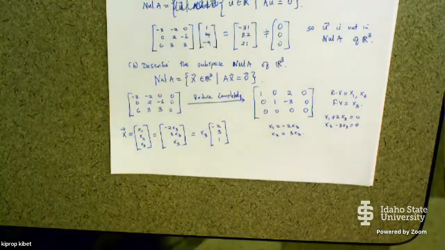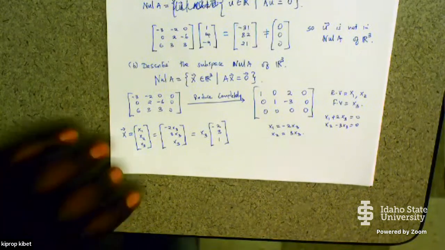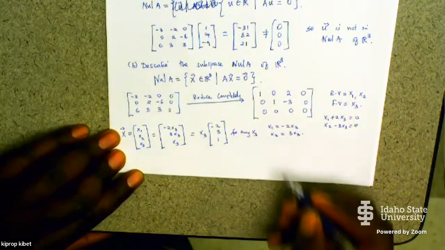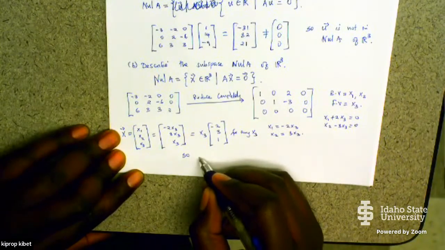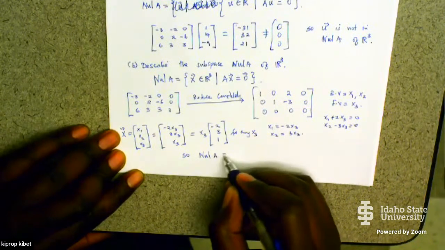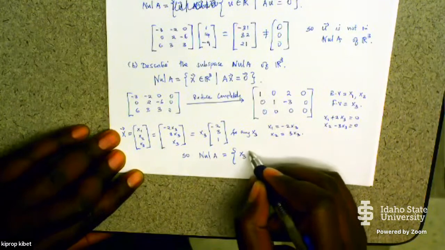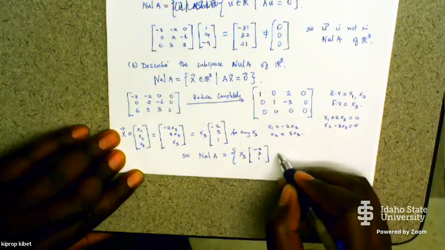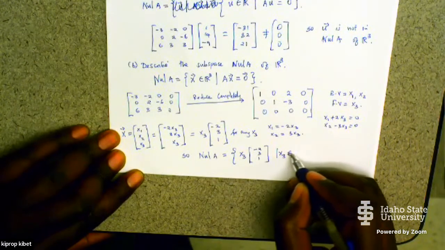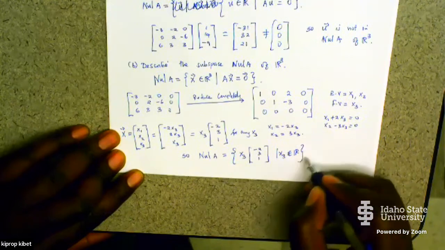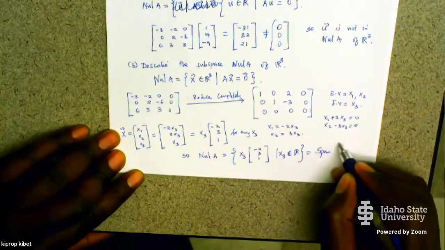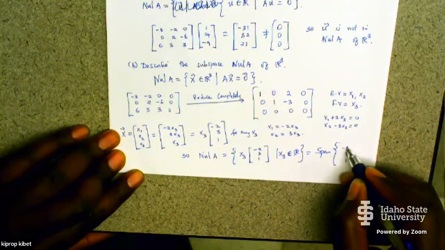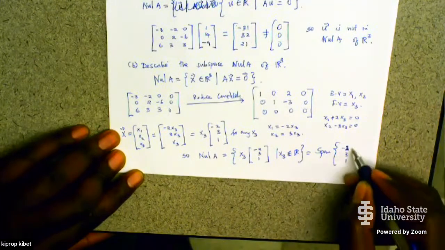So then our null space here, for any x3, the null space of A is equal to x3 times minus 2, 3, and 1, such that x3 is an element of the real numbers. And this is the same as the span of -2, 3, and 1.